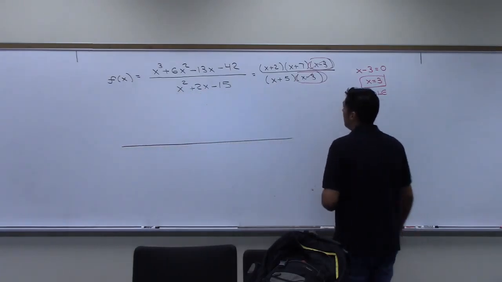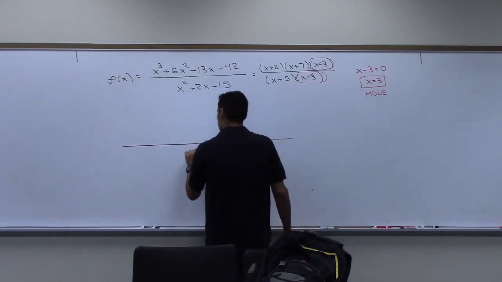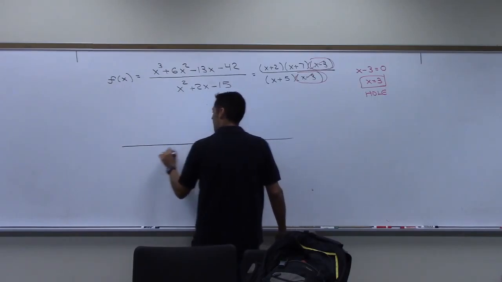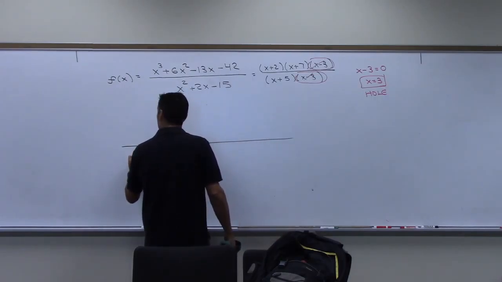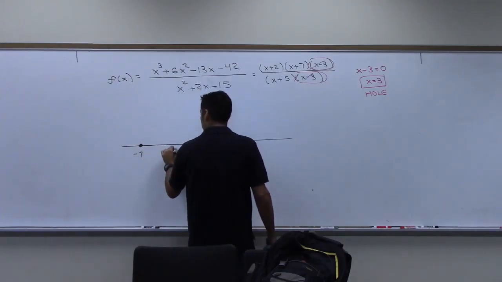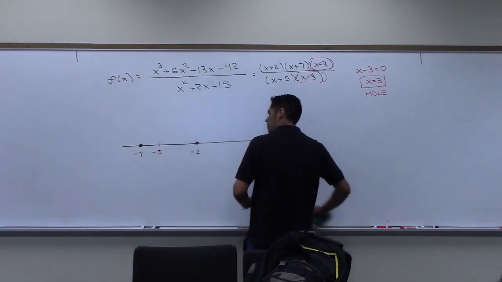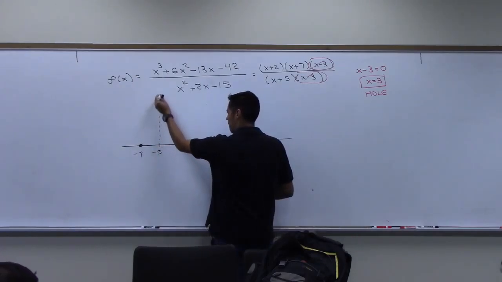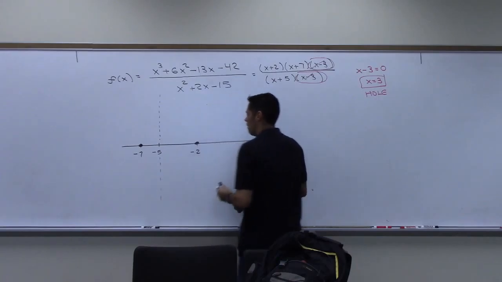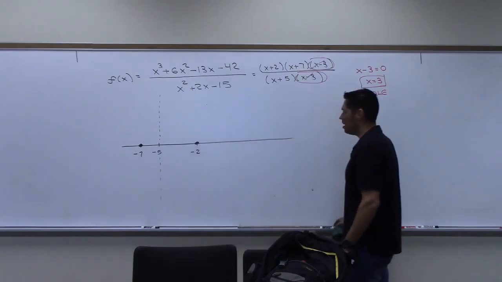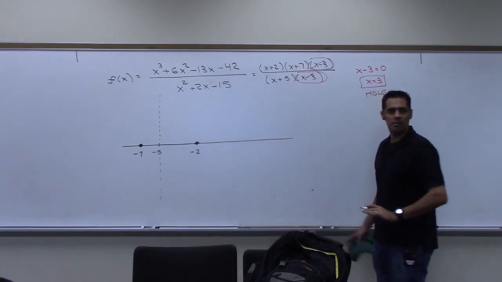So I have x-intercepts at -2 and -7. I have a vertical at x is -5. I have a horizontal. I don't really have a horizontal, do I?